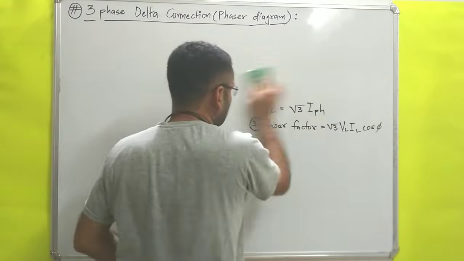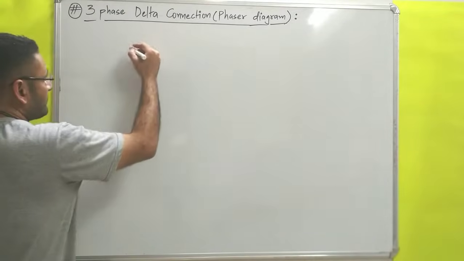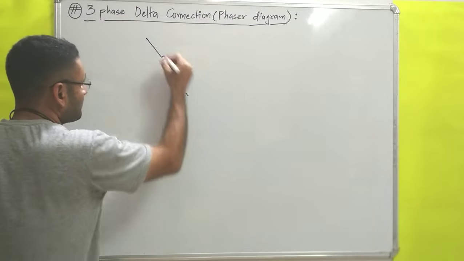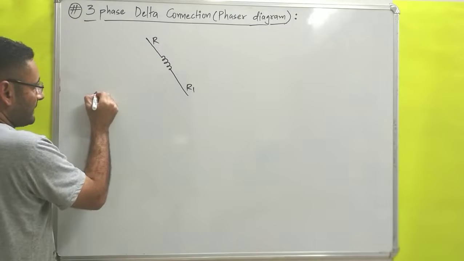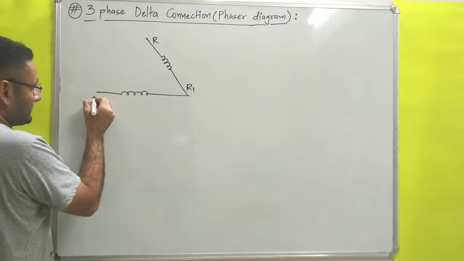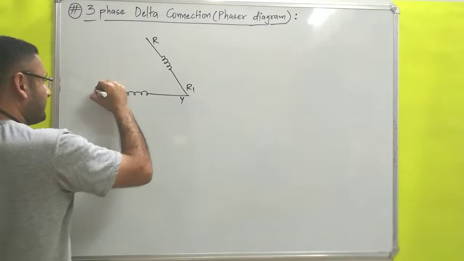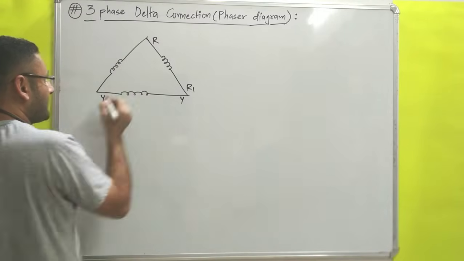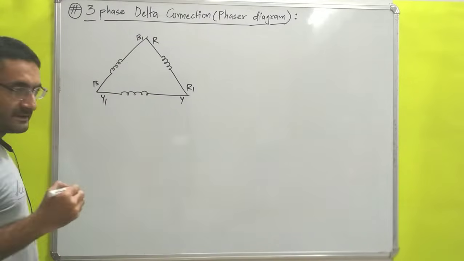So first, we'll talk about delta connection. For the case of delta connection, we will first draw one phase, say R1, that means R phase. Then the next phase, say Y1, that means Y phase, and the last phase, say B1, means B phase.